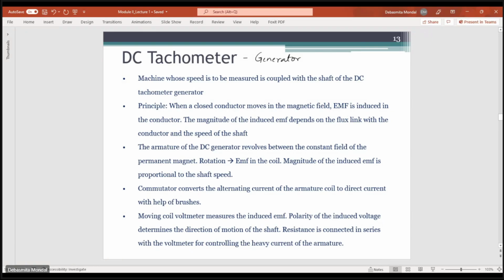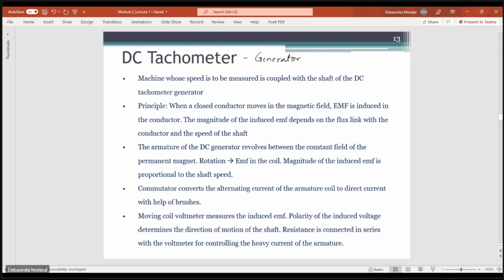Now, the voltage is accompanied by a magnitude as well as a polarity. The induced voltage can be either positive or negative. The magnitude of the induced voltage is directly proportional to the speed of rotation, and the polarity, whether positive or negative, tells you whether the shaft is moving in the clockwise or anti-clockwise direction.